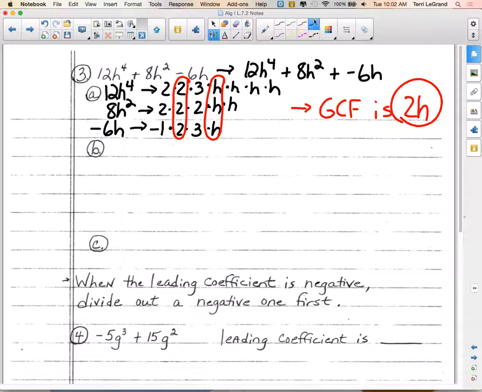So now in step B, we take each of those. Let's just write the problem out first of all. 8h squared plus negative 6h. Each of those will get divided by that GCF.